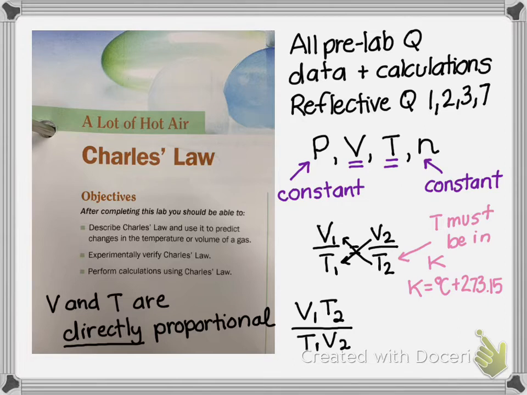If we get all the variables on the left-hand side, then it should equal 1. So we're going to measure volume 1, temperature 1, volume 2, temperature 2, and then plug them into this equation and see how close you get to the number 1.